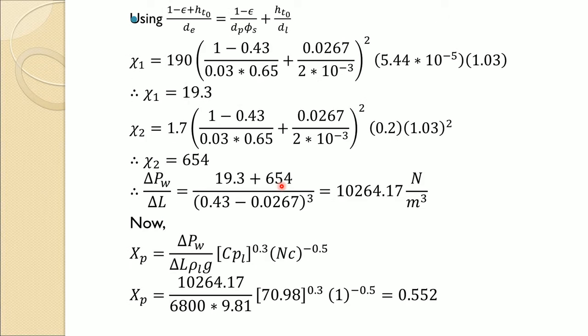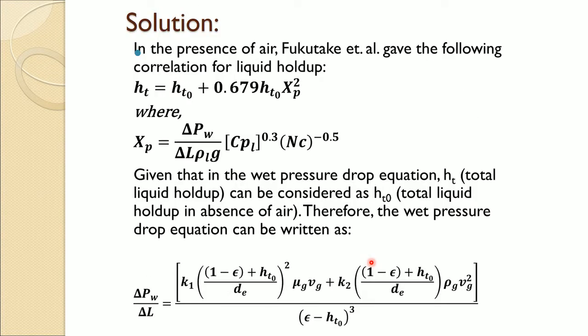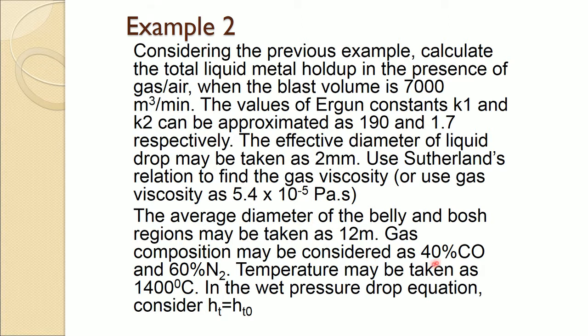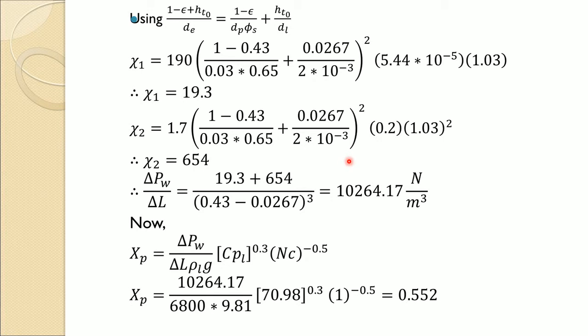Same thing we have done here, and dl of course is given. Yes, effective diameter of liquid drop may be taken as 2 millimeter. So, all the parameters are known here now.